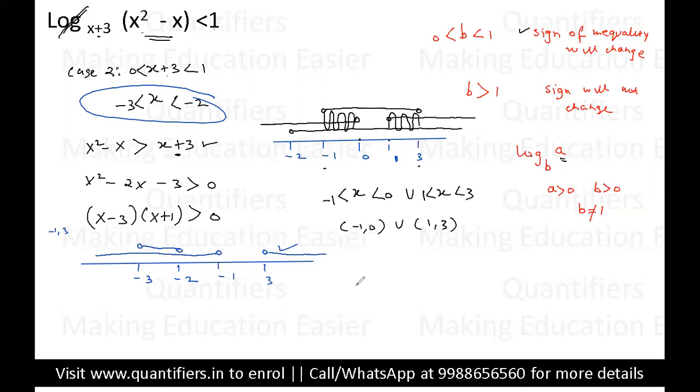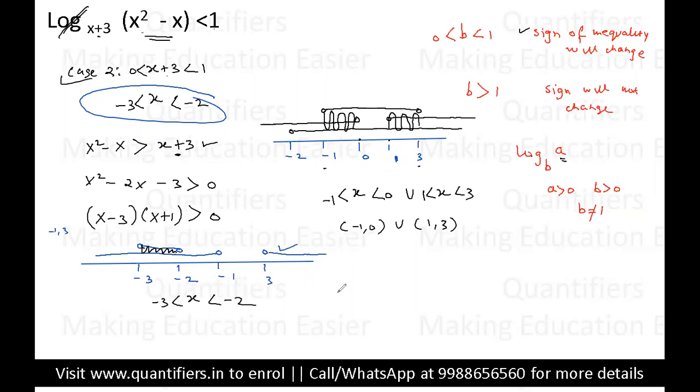So students, now the only common part here is this part. Only this is the region which is common. So from here the solution I'll get is that x lies between -3 and -2. So now this is the answer from the second case.